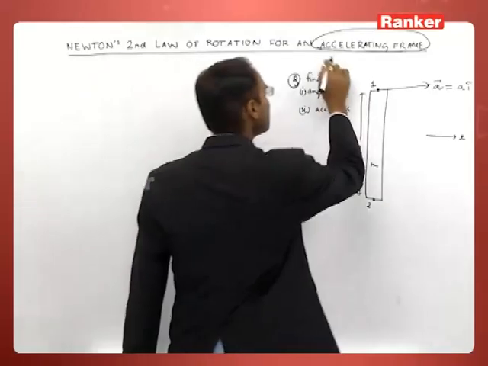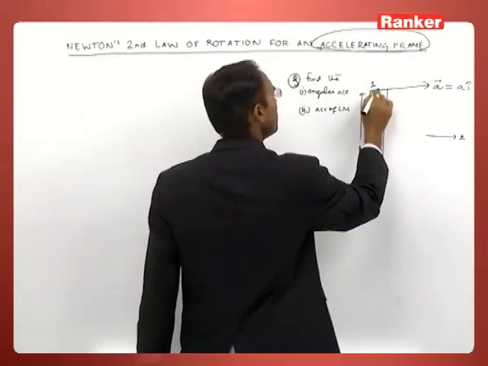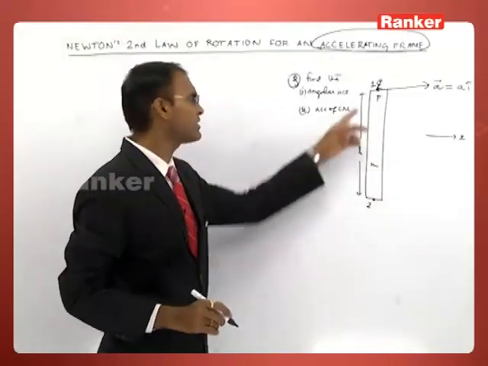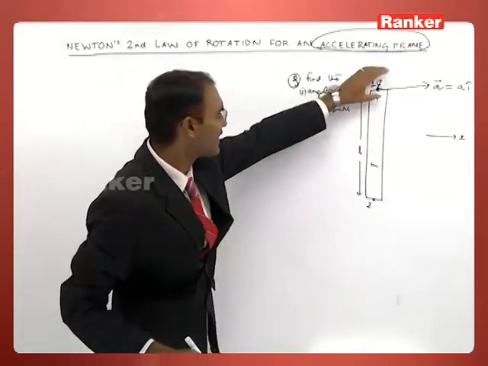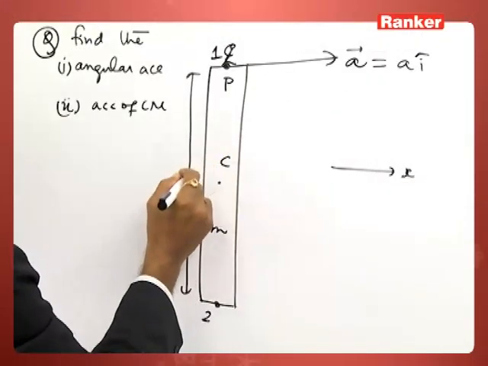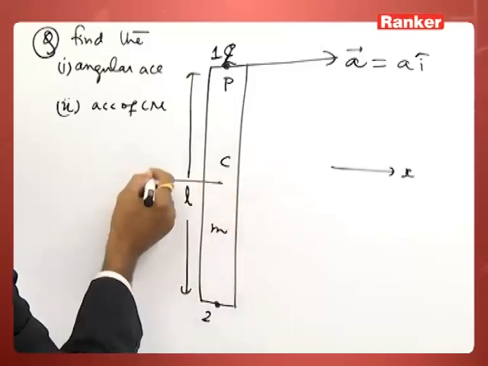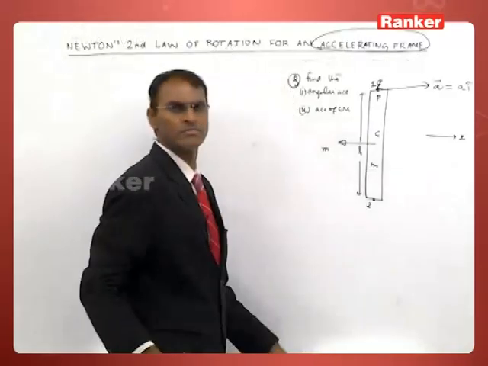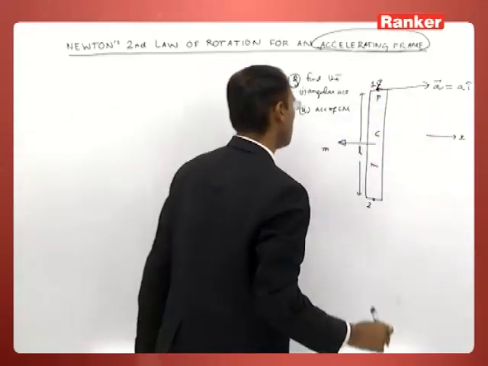So this is a clear-cut case of accelerating frame. This is the point P which accelerates. You sit on this point. This is the accelerating reference frame. This is the center of mass. On the center of mass, we need to apply a pseudo force in opposite direction of the acceleration of the reference point.